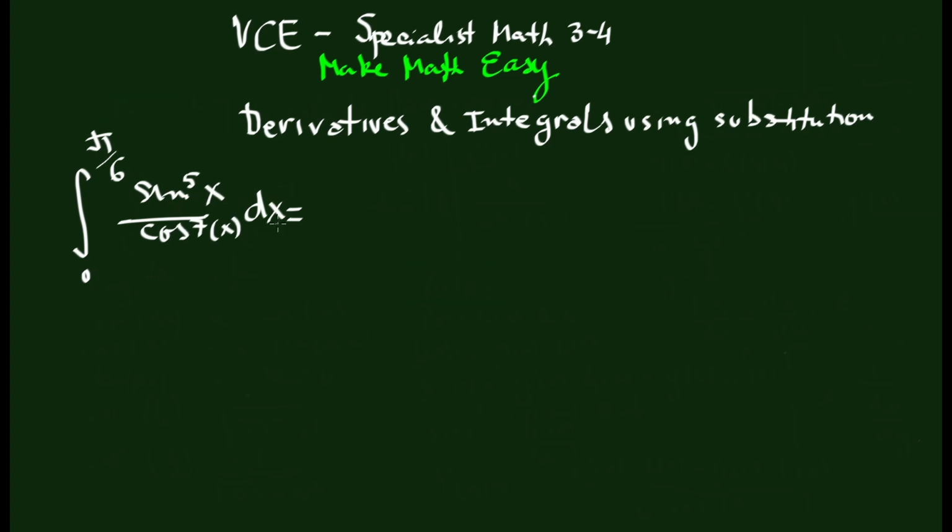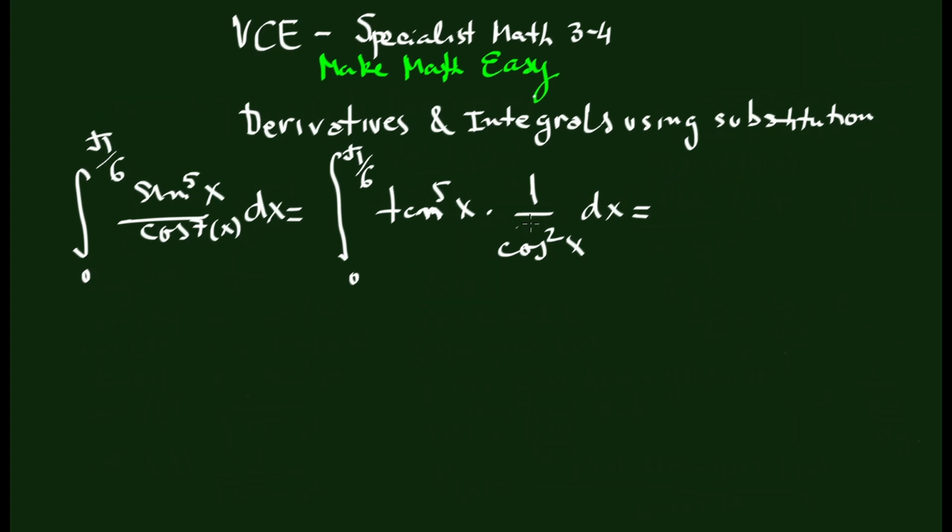So that would be tangent to the power of 5 of x times 1 over cosine to the power of 2 of x dx. 1 divided by cosine is secant, so secant squared in this case, and we do know that the first derivative of tangent is secant squared, so that fits very well.